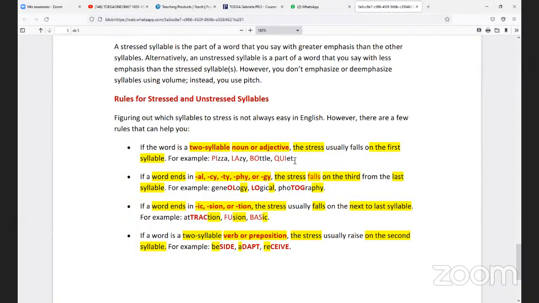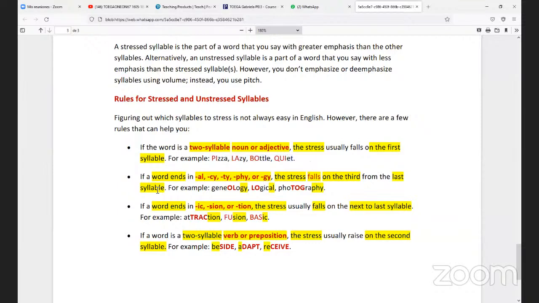Excellent. Very good. And finally, an animal? Mouse. Yeah, excellent. Very good. Mouse, right? Excellent. So this is about two syllables.